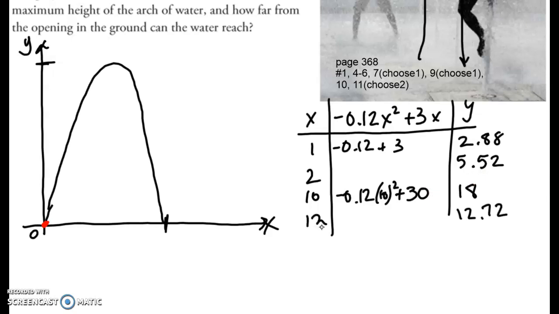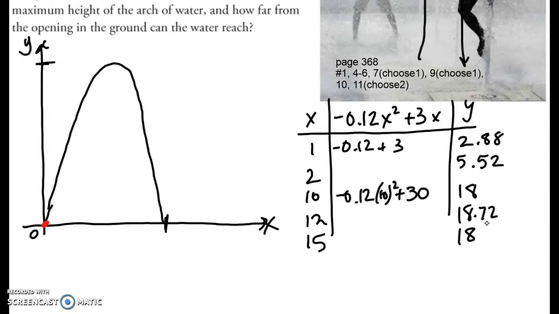Let's try 12, and I get 18.72, getting closer. I'm not sure where it's turning down yet. Let's try 15 and see what we get. So when I try 15, I get the value 18. Okay, so I can see 12 feet for the x. I don't know if that's its max, but for sure at 10 and 15, it's both 18 high.